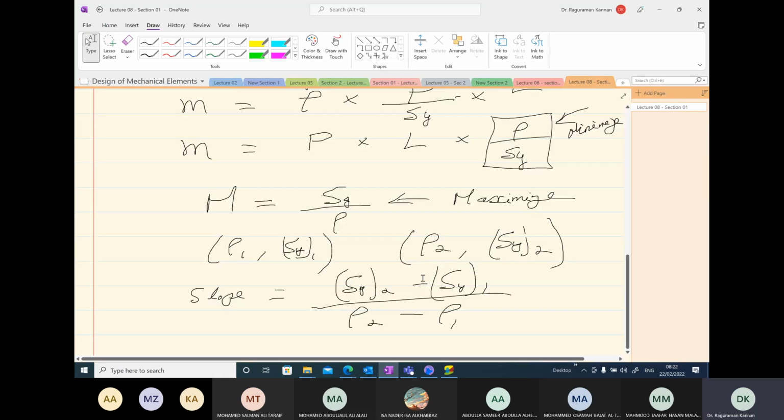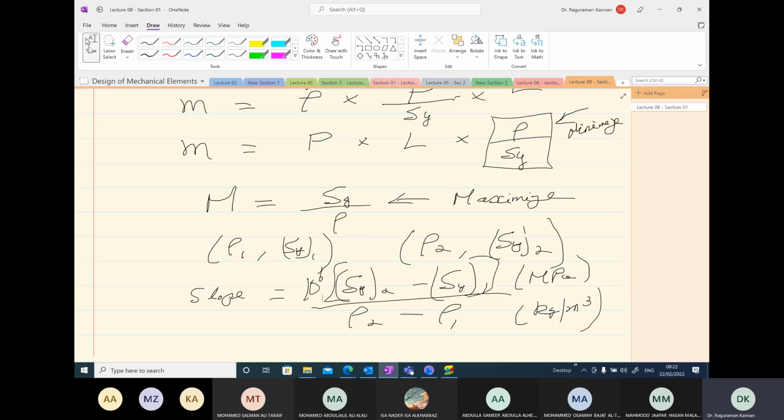Now, you have to be careful about the units. Recall that the above value is in megapascal. Here on the denominator, we have kg per meter cube. So you have to get it in consistent units. Convert megapascal into pascals by multiplying by 10 power 6, so that you will get the correct values of the slope in correct units.